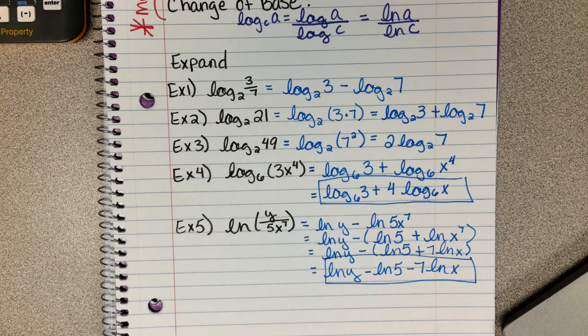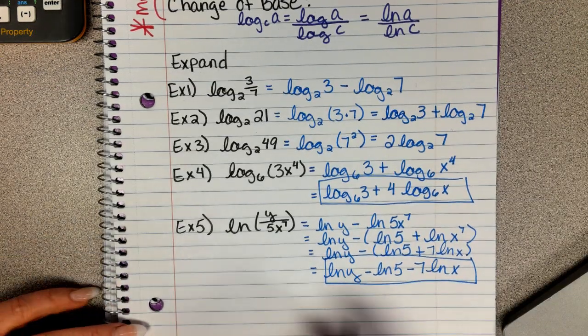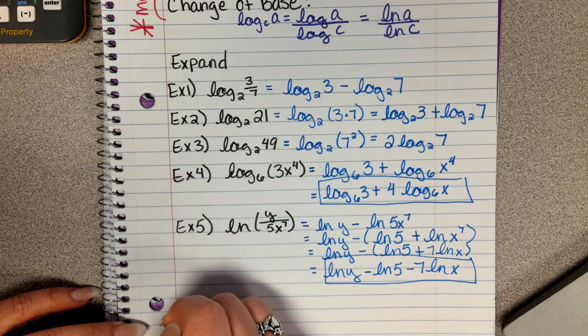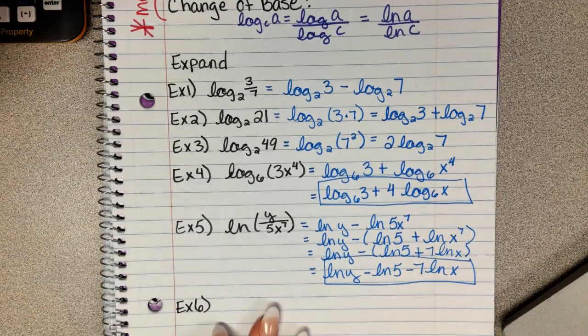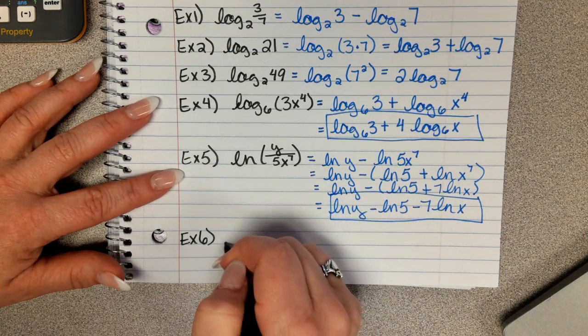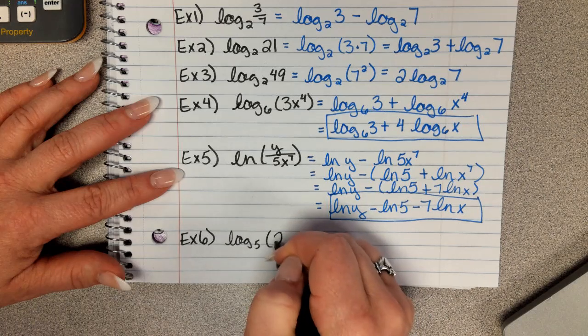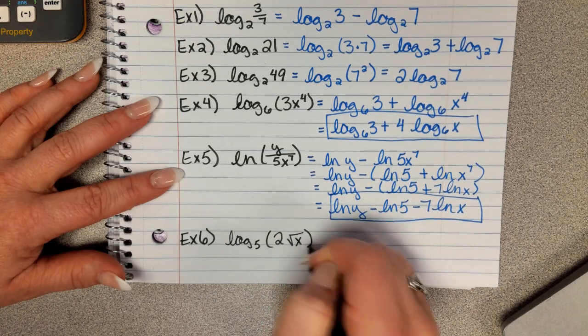This would also work for, let's do one with a radical. I think I can squeeze it in here on the bottom. Example 6. Okay, so I have log base 5 of 2 square root of x.